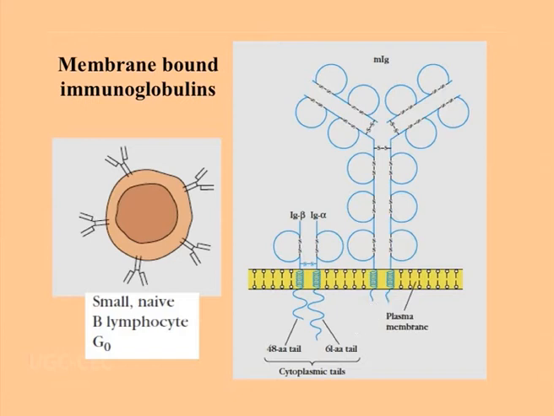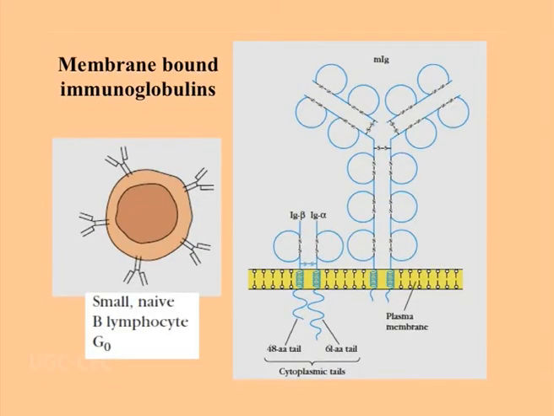Now, membrane bound immunoglobulins have a very short cytoplasmic tail, but we know that when the B cell receptor or the membrane bound immunoglobulin binds to an antigen, it sends a signal inside the cell, and then that B cell gets activated. But the cytoplasmic tail of membrane bound immunoglobulin is too short to transduce any signal. So, to transduce the signal, it needs help from 2 other proteins. They are called Ig alpha and Ig beta.